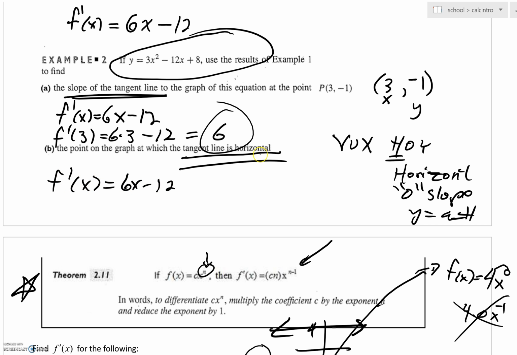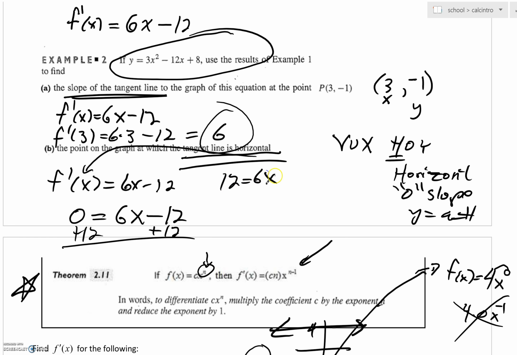And you'd say, plug in that slope of 0. And then you solve. So I'm going to add a 12. And I'll have 12 is equal to 6x. Divide by a 6. What's x? X is 2. Now, is that my final answer? That's not a point, is it?